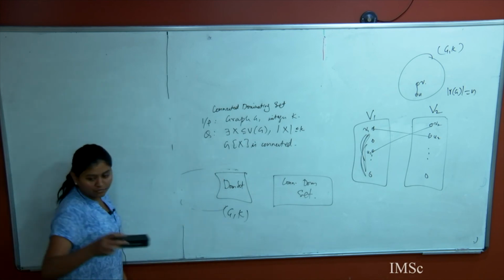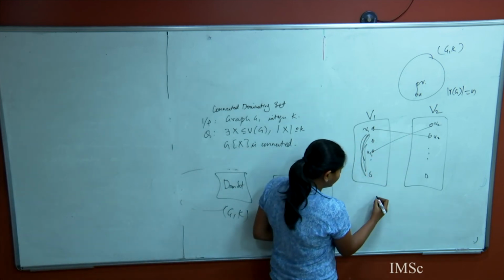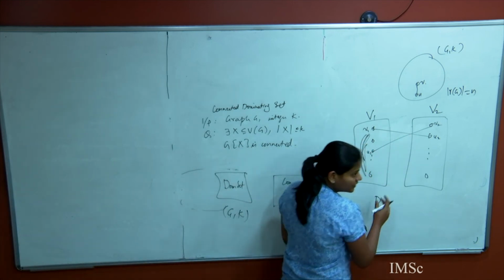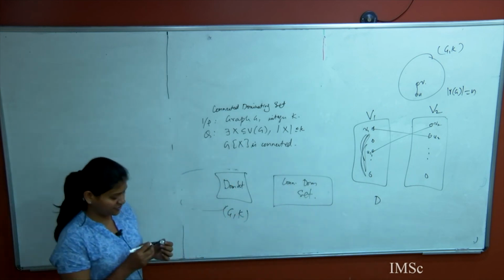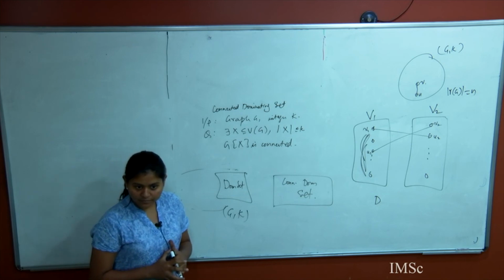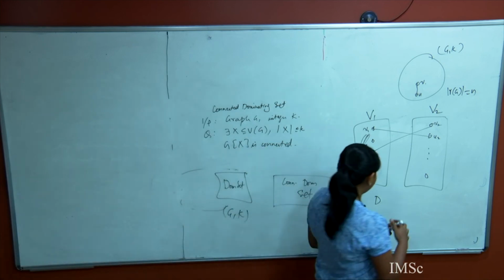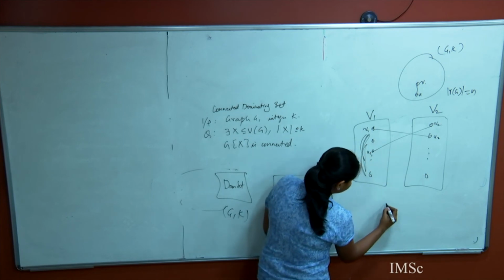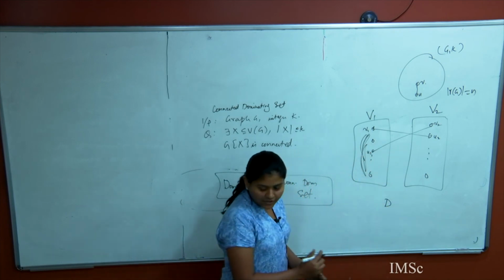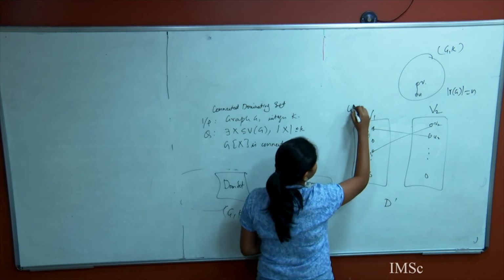So how do we proceed with the other direction, right? What do we want? If we are given a connected dominating set D here, I want a dominating set here also. So suppose I have a solution D prime here, because this is graph G prime.